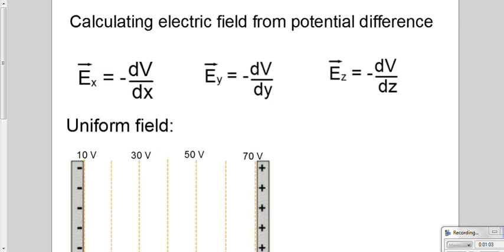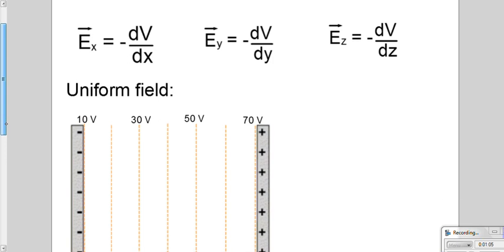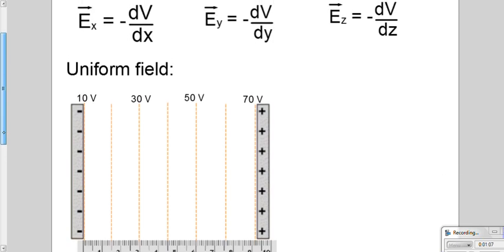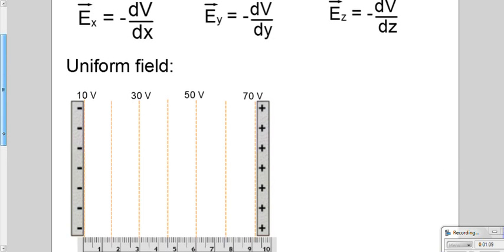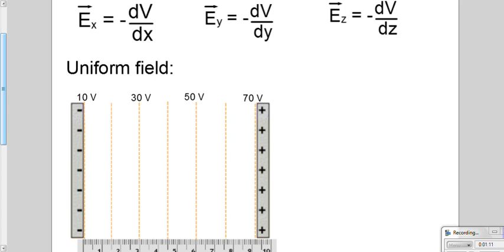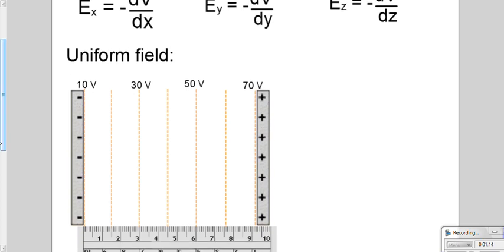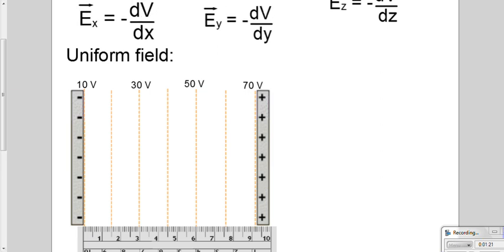Now, sometimes you won't know what the uniform field is, or whether the field is uniform, until you take a look at the pattern of potentials. But what I have here, with two parallel plates, we can see that these have to be uniform fields. So here's how we use this division, or I wrote it as a calculus idea.